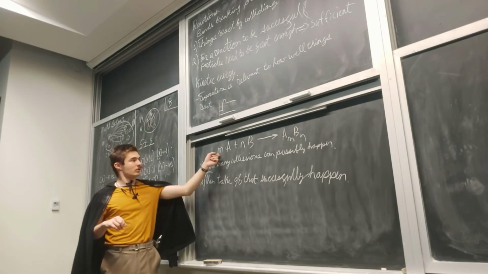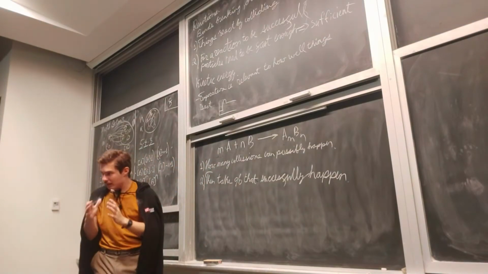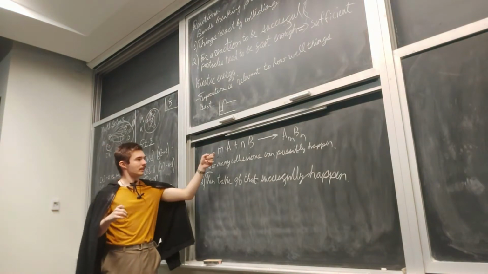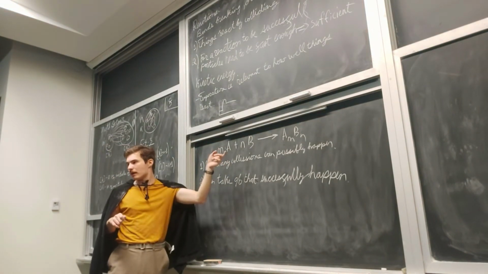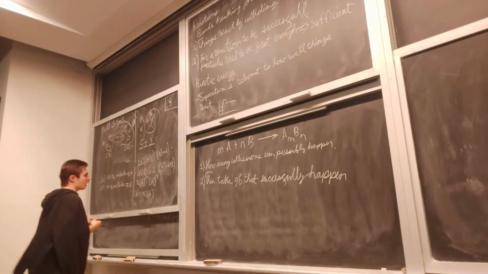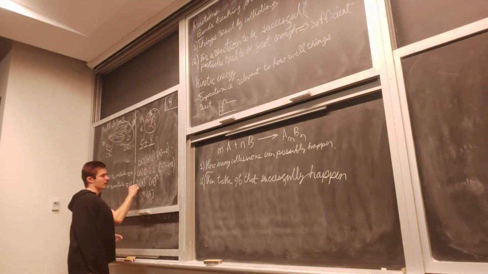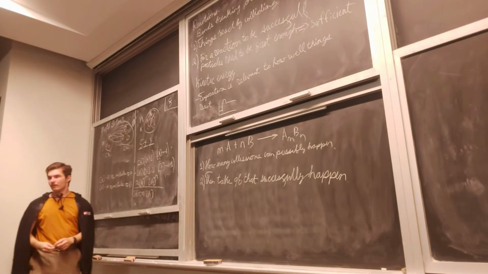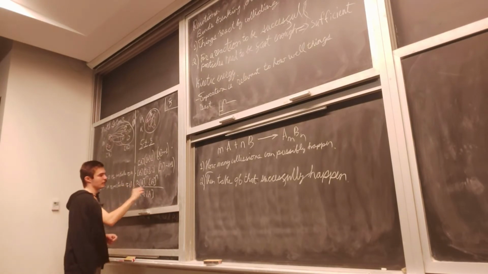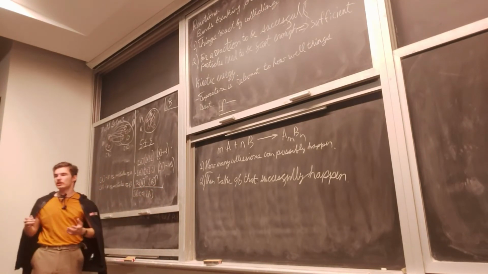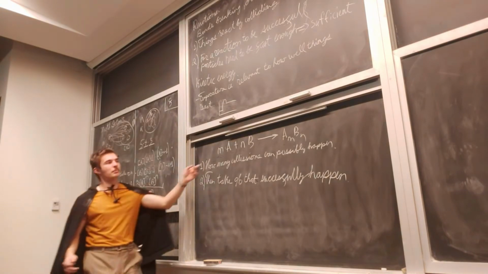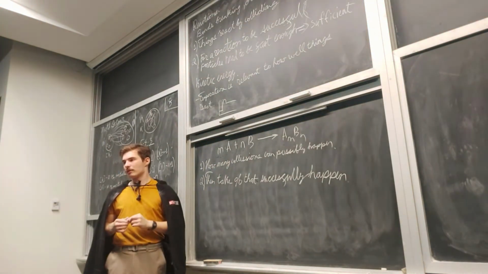Because to react, you need the bare minimum for this reaction to happen. You at least need the right number of particles, and we find out that we can get this number of particles in this many ways. There's this many possible combinations that could potentially end up in a successful reaction, right?